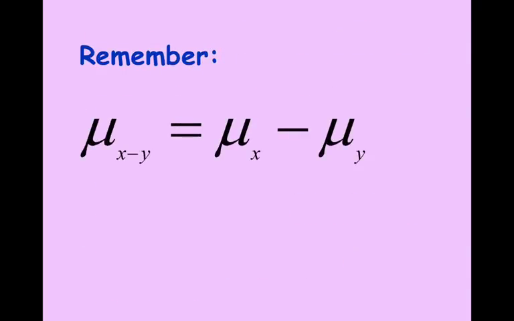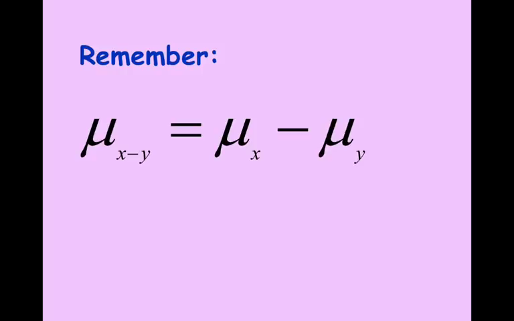Remember, when we're finding the mean of x minus y, it's simply the mean of x minus the mean of y. So the mean of the difference between two random variables is the difference in the means of those two random variables. But when we're dealing with standard deviation, our variability never cancels.